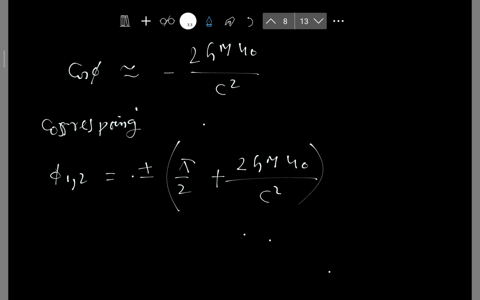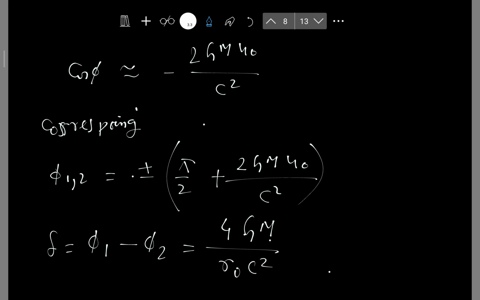c squared. And the angle between the directions of approach and departure, the angle of deflection of the sunlight, is delta equal to phi 1 minus phi 2, equal to 4 GM divided by r0 c squared. This is the deflection.